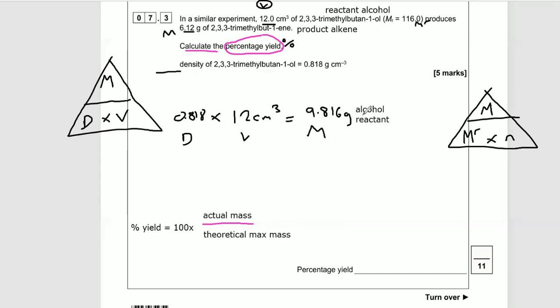We know what the mass of the alcohol is. That's neither our actual nor theoretical mass, but it does allow us to work out the moles of the alcohol, and then we know it was a 1-to-1 reaction. So by working out the moles of alcohol, we know what moles of alkene we should produce.